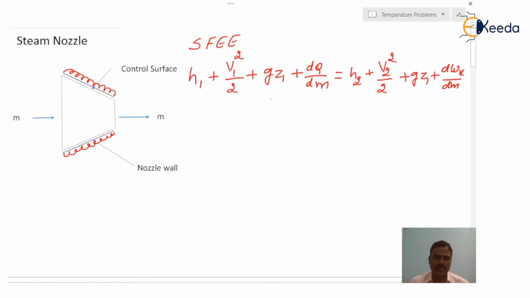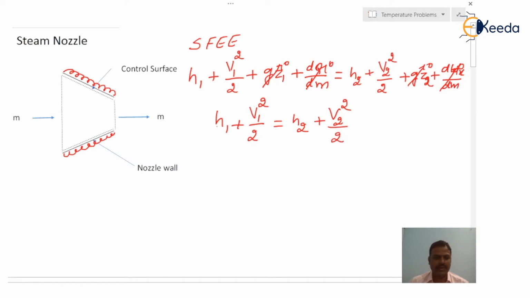Since its walls are insulated, the dq/dm term becomes 0, and since there is no shaft in the nozzle, dWx/dm is also 0, and neglecting potential energy changes, z1 equals z2, then the equation reduces to h1 + V1²/2 = h2 + V2²/2.